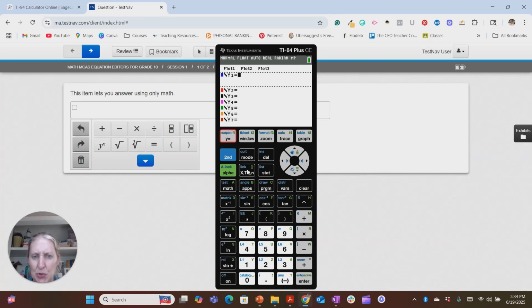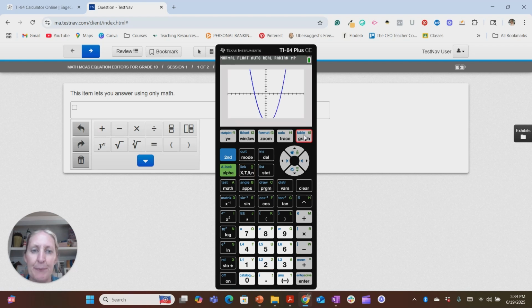I'm going to go to x squared minus x minus 12, and I'm going to hit graph. And if you look here, I'm going to zoom in and enter. I'm going to go all the way down because I want to see where it's increasing.